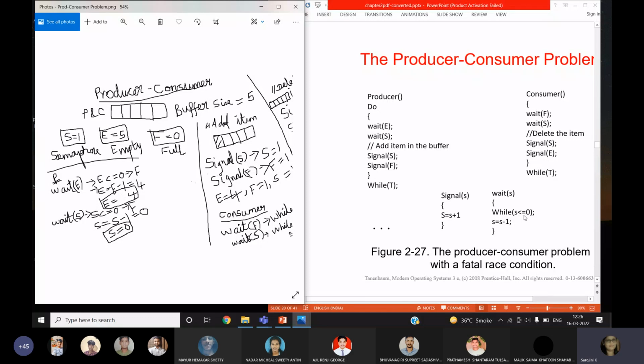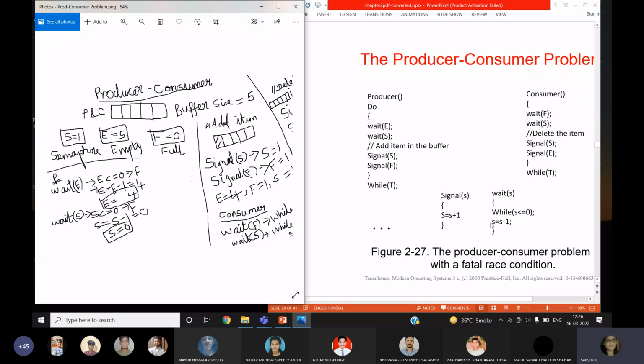E less than or equal to 0. What is the value of E? E equal to 5. So 5 less than or equal to 0, the condition fails. If the condition is false, it will come inside.